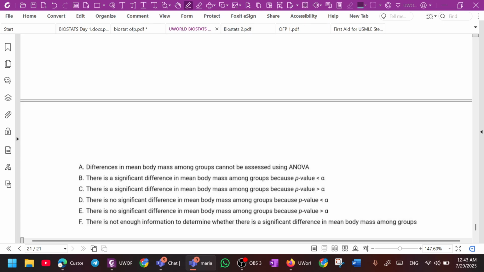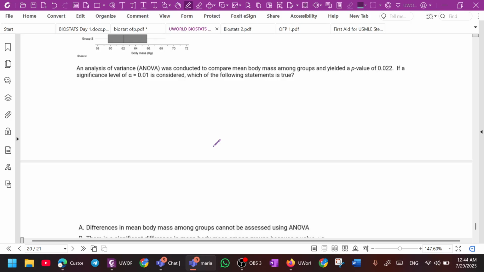What's that one? Yes, this one. Can you answer using this space? The alpha, the green one. No, they have said that if a significance of alpha is considered, it is like type 1 error.